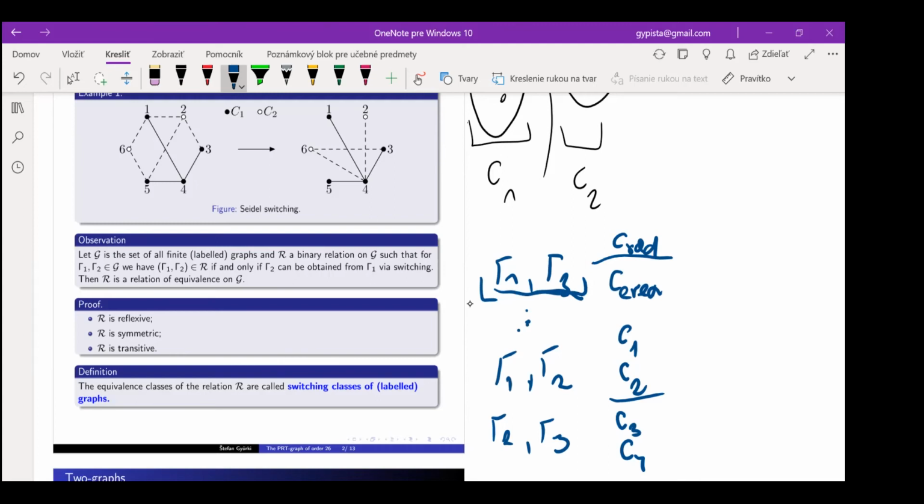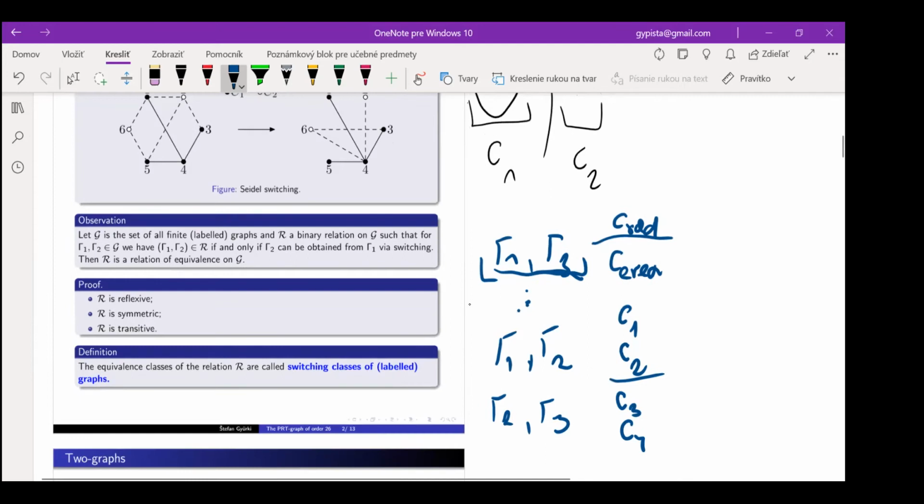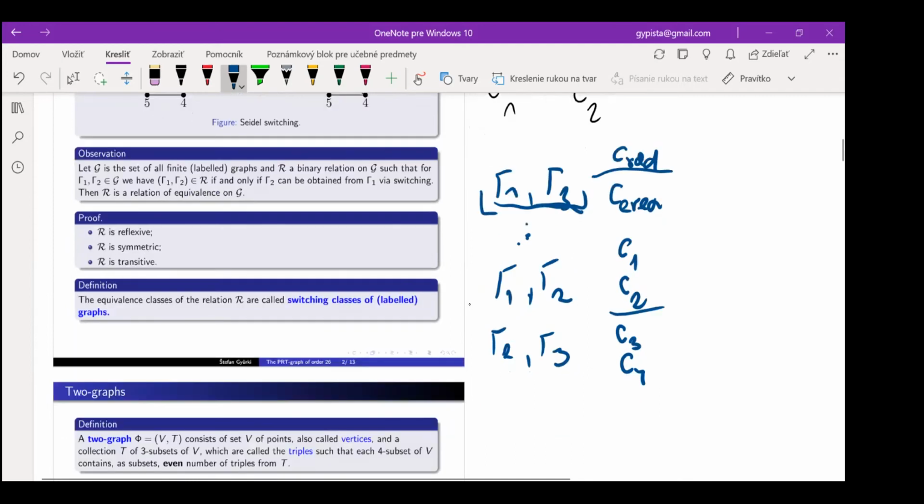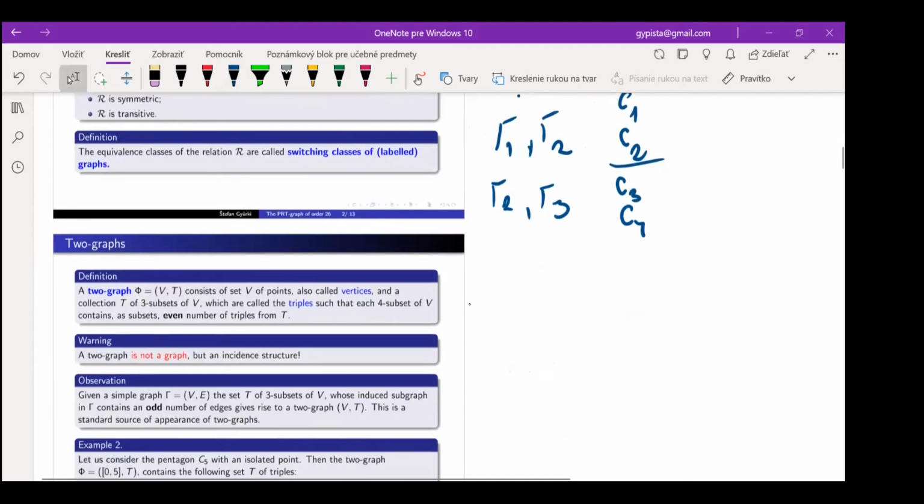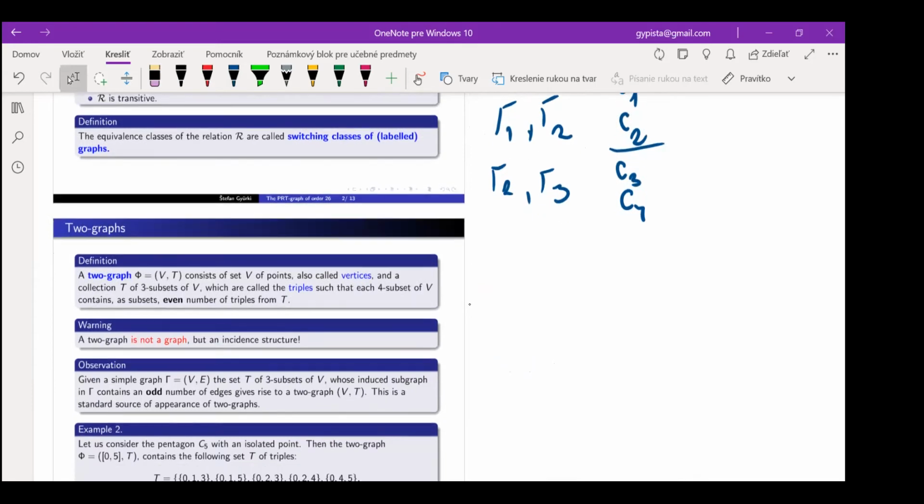So this is really an equivalence relation, and the equivalence classes of this relation are called switching classes of labeled graphs, because it is important how the vertices are named.